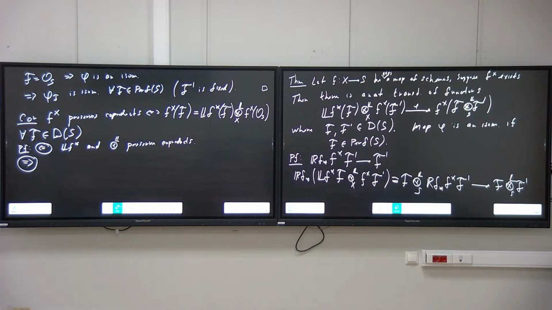Since this is localizing, and the localizing category containing O_S is just the derived category, this holds for any object in the derived category, and I want to take as f prime just the structure sheaf to simplify the formula.